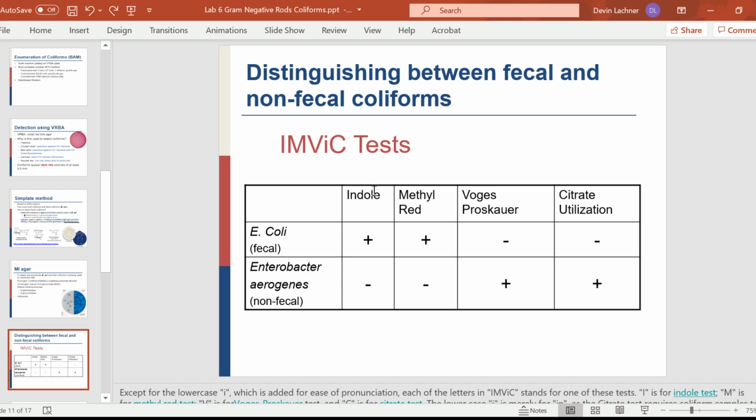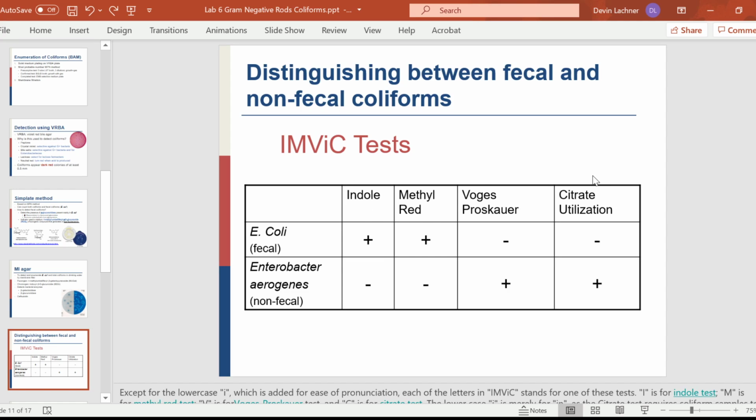Then we have our IMVIC tests, which are going to be used for distinguishing between fecal and non-fecal coliforms. Because as we were saying, E. coli is our fecal coliform, whereas Enterobacter, specifically aerogenes in this case, is our non-fecal coliform. So the IMVIC test stands for indole, methyl red, which is the M, V is the Voges-Proskauer, and then the C is the citrate utilization.